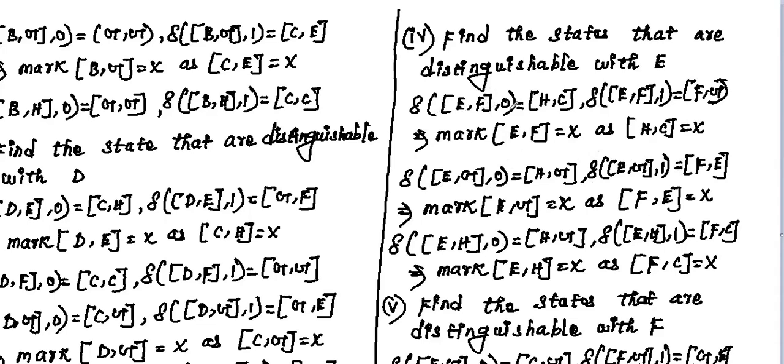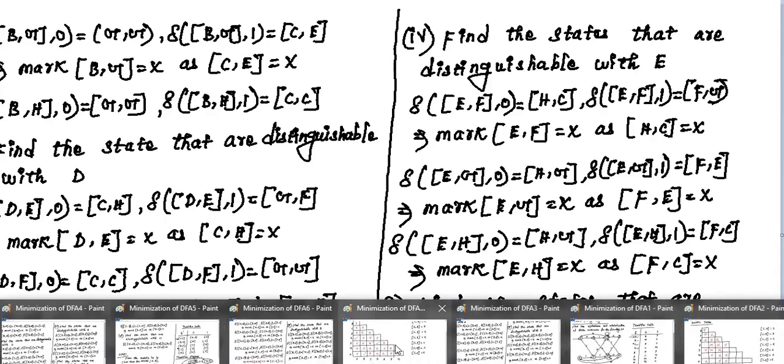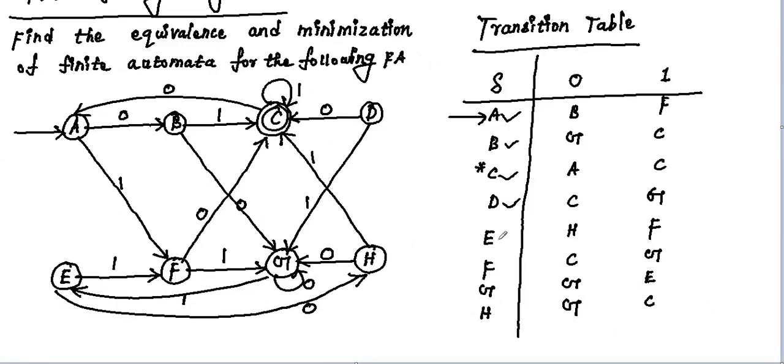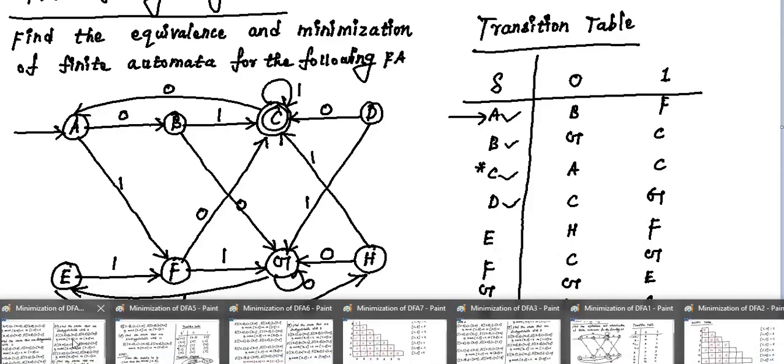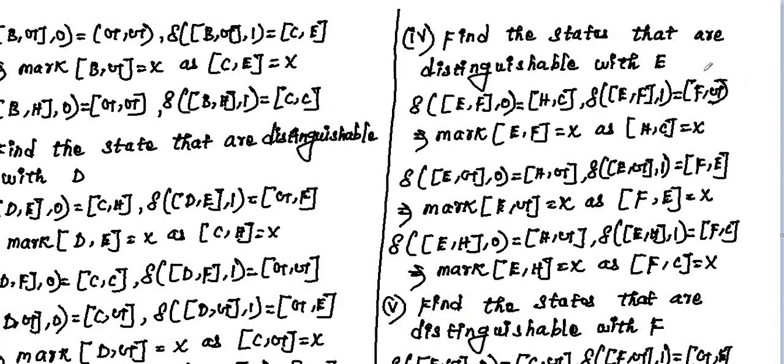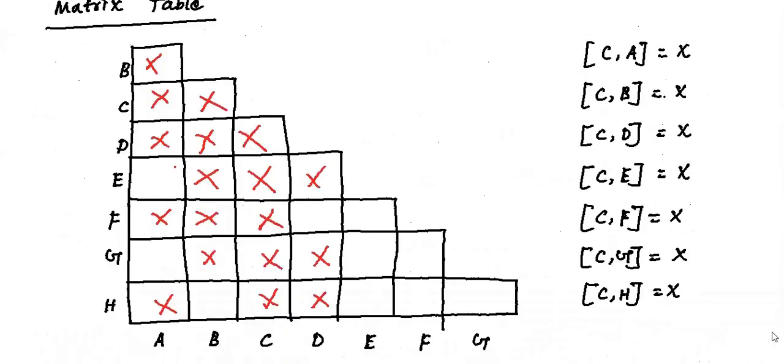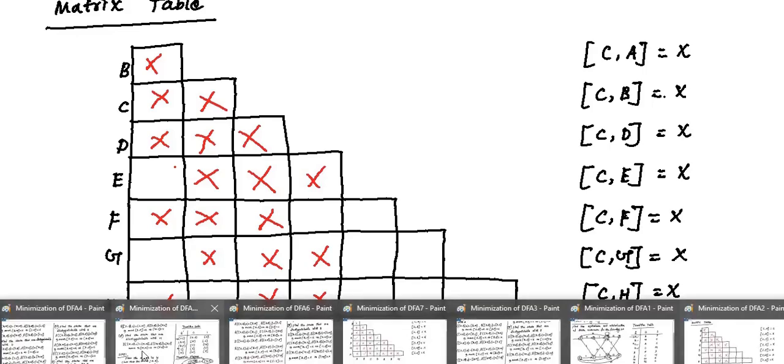Del of EF 0: look at the transition table. EF 0 is HC, EF 1 is FG. Here you write HC, FG. In these two answers, we already put a cross mark for CH in the first step. H, C and C, H are both the same. Here you put cross mark.